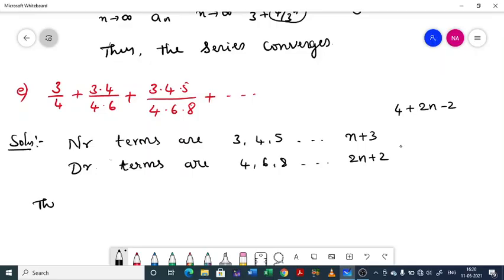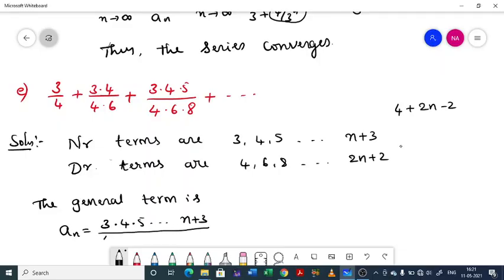The general term is a n equal to 3 into 4 into 5 and so on up to n plus 3, divided by 4 into 6 into 8 and so on up to 2n plus 2.